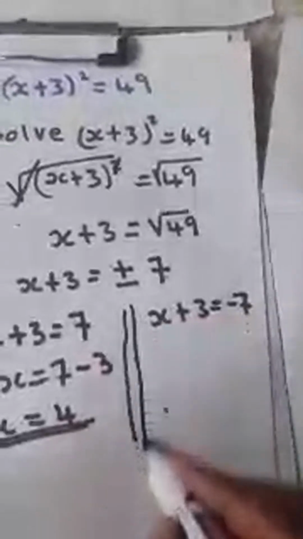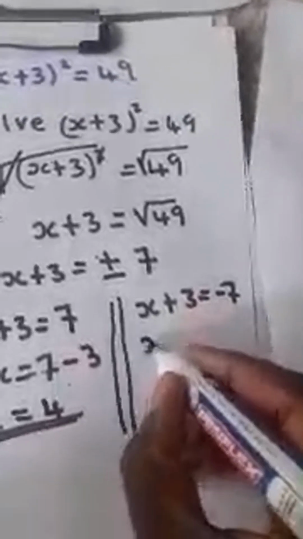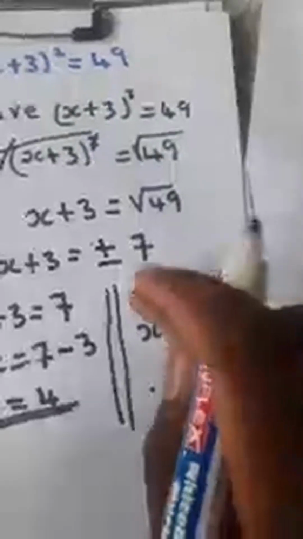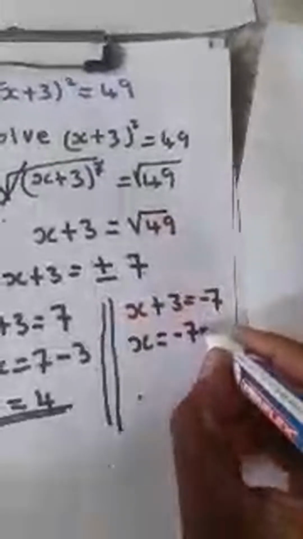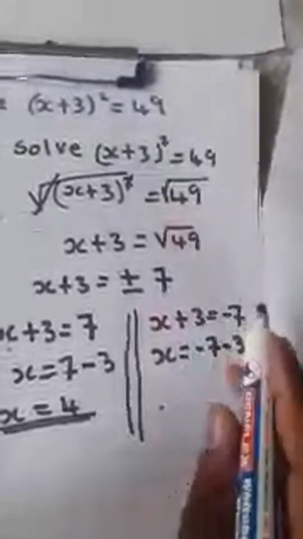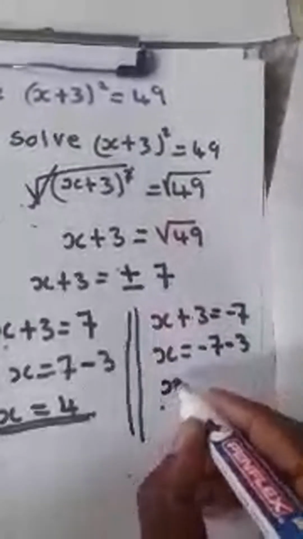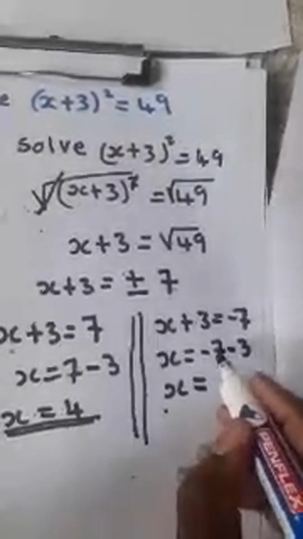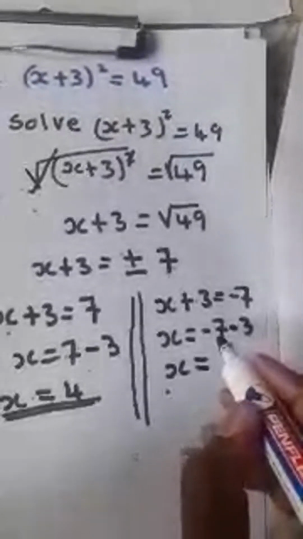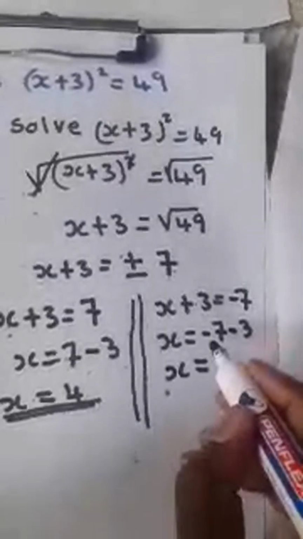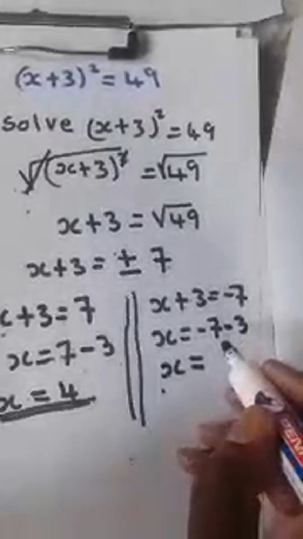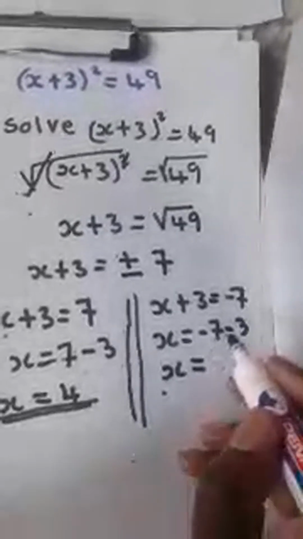Okay. So the other one will be x is equals to negative 7. So positive 3 to this side is now negative 3. Positive to this side will be negative. So it's now negative 7 and negative 3, negative 7, negative 3.